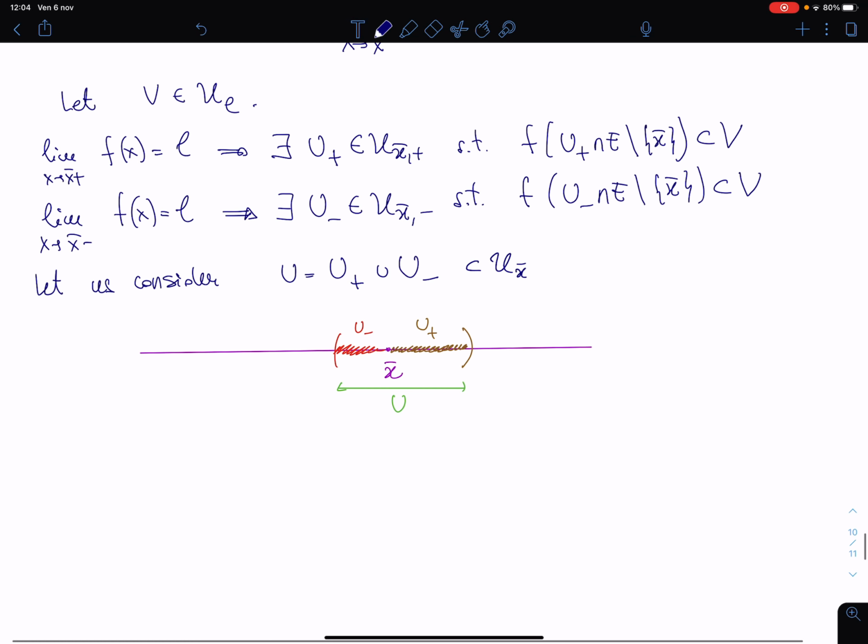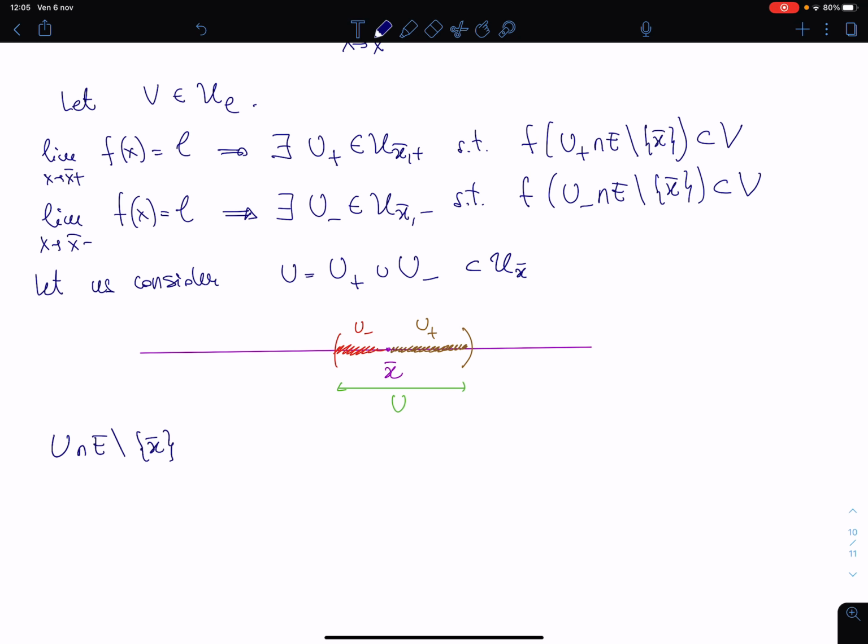So now we must understand what happens to the set U intersection E minus x bar when one applies the map f.